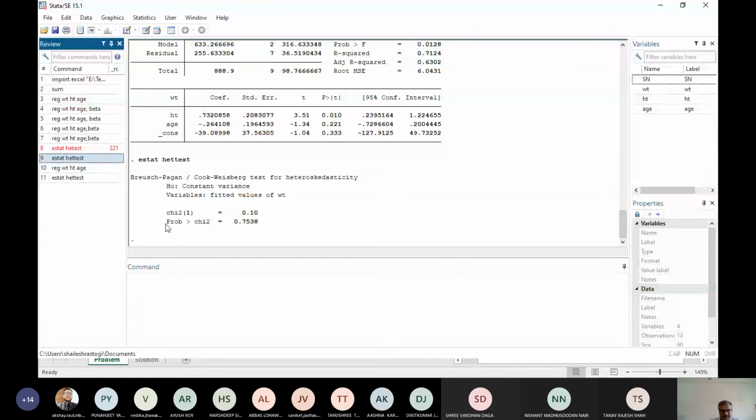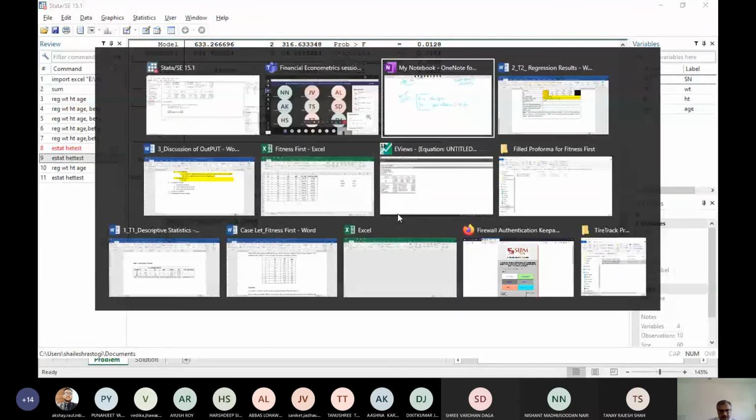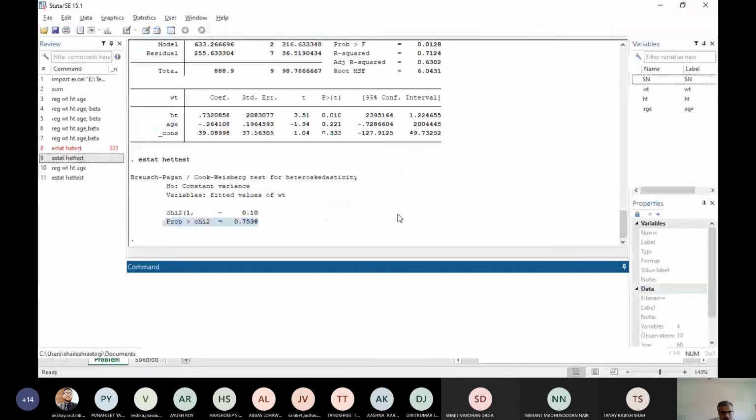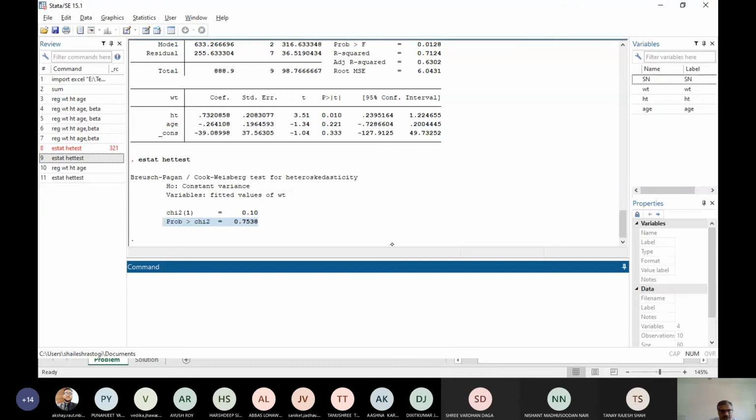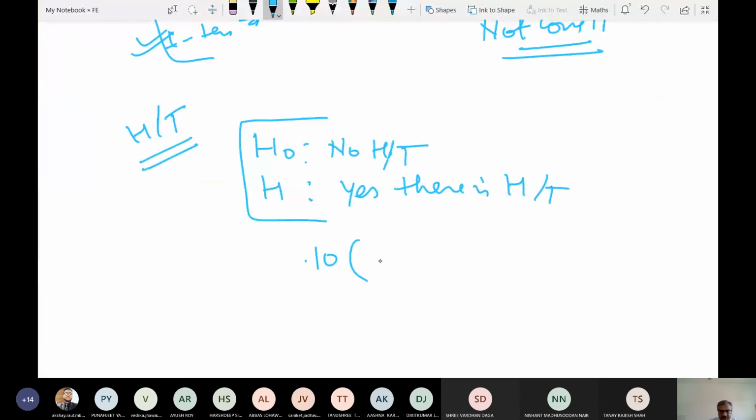And look at this, this is the p-value. If I look at the p-value, I need to report both. I'll report it like this. The value is 0.10. In parentheses, I'll again write down the p-value, 0.7538.